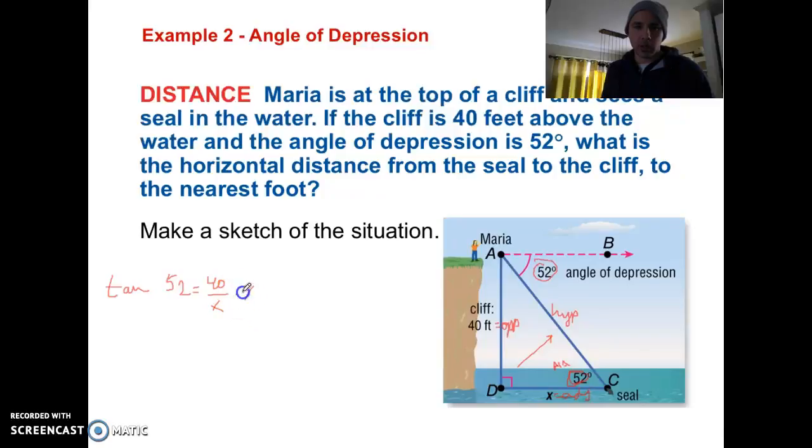I would again multiply both sides by x. This would cancel out, and then I would pretty much rewrite this. Tangent 52 times x equals 40, and then I'll divide both sides by tangent 52.